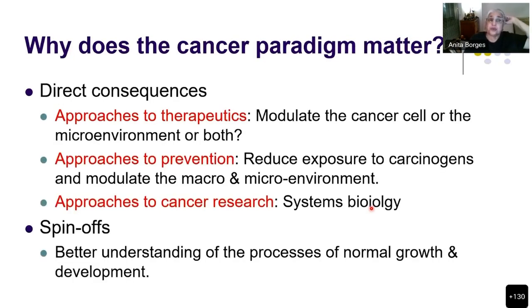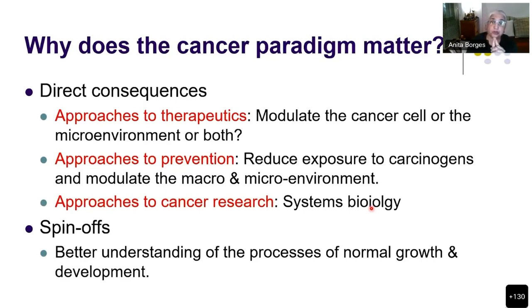So why should we know this cancer paradigm? Is it TOFT, is it SMT, etc.? Now there are reasons, because there are direct consequences, because there are approaches to therapeutics. Should you modulate the cancer cell, or should you modulate the environment, or should you do both?